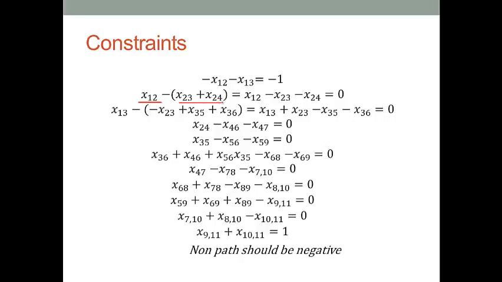No matter which path we choose, the total value of these 2 possible paths should be 1. We said that x12 is already 1. 1 minus 1 equals 0. And then you can see the second constraint equation like this one. X sub 1, 2 minus x sub 2, 3 minus x sub 2, 4 equals 0.